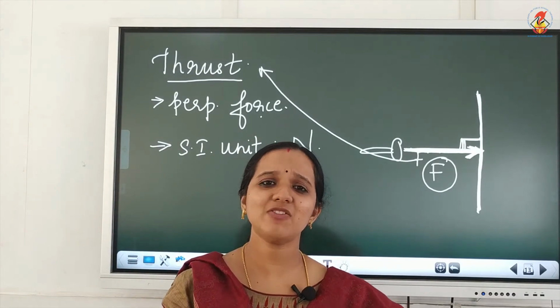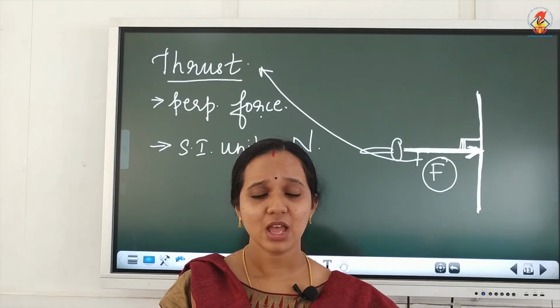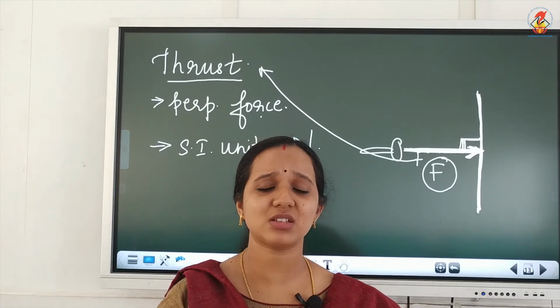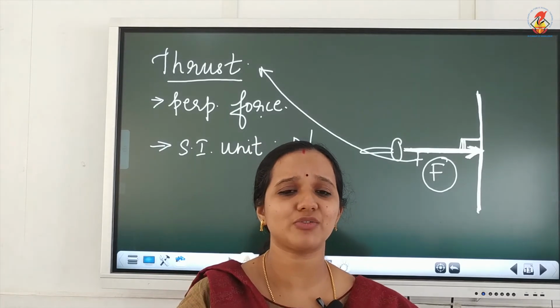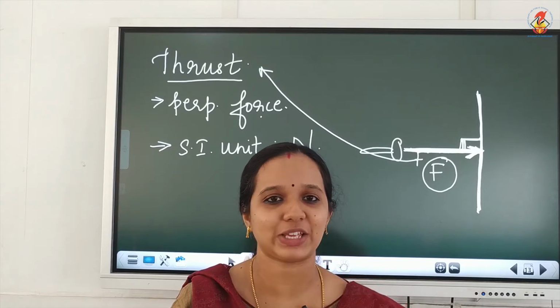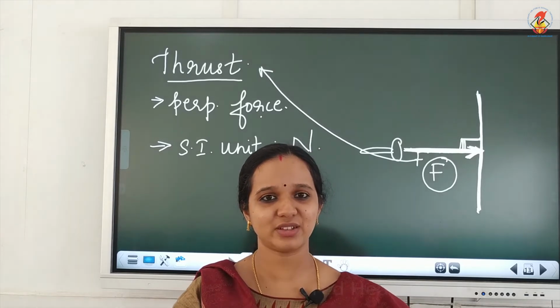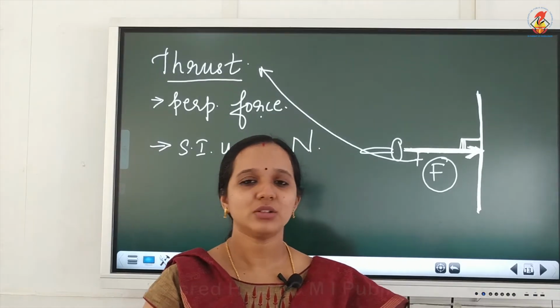We have seen that nails have pointed ends, and the knives that we discussed earlier have sharp edges. What is the significance of these pointed ends of nails and sharp edges of knives? Why is it so?